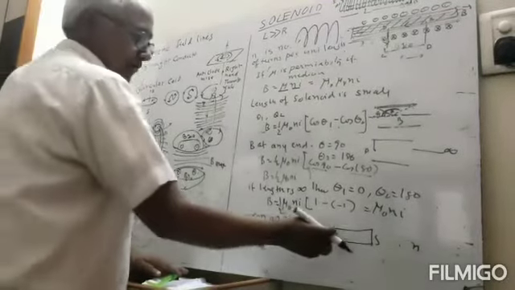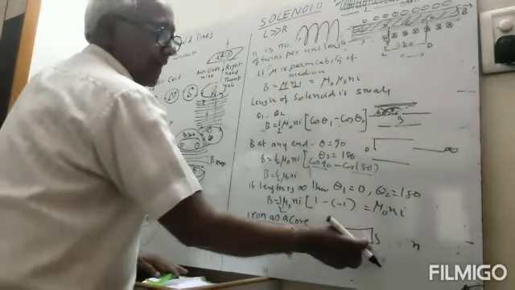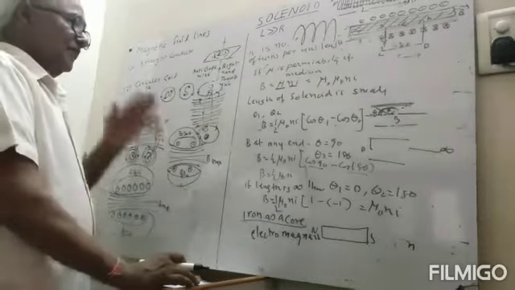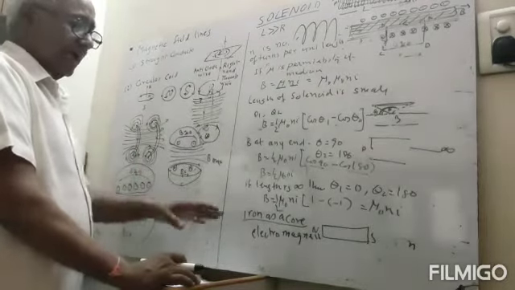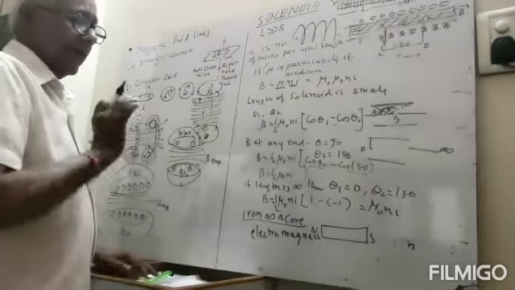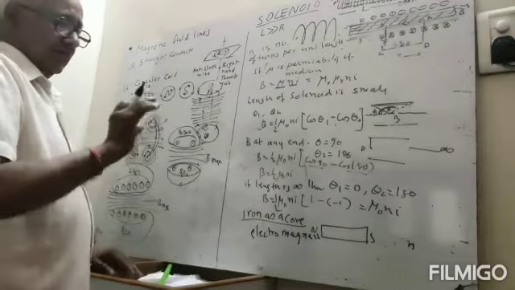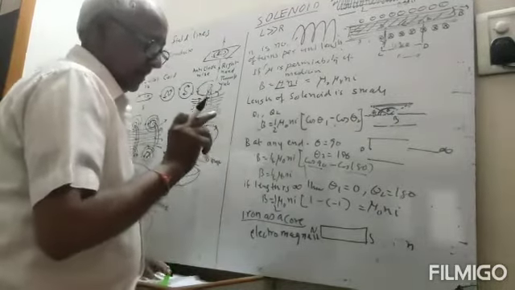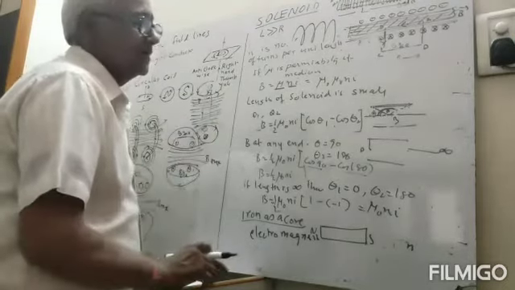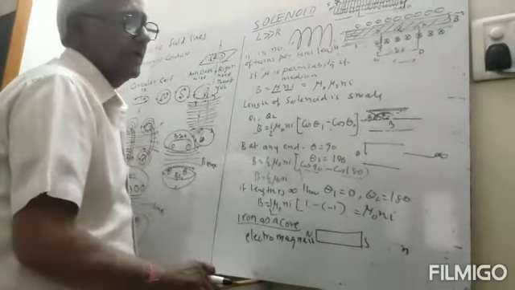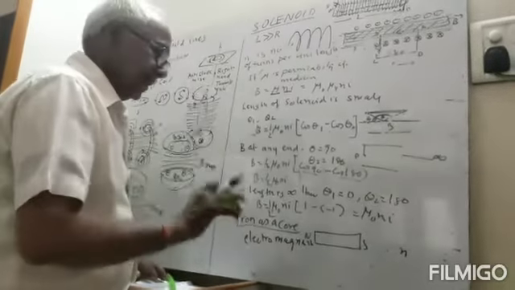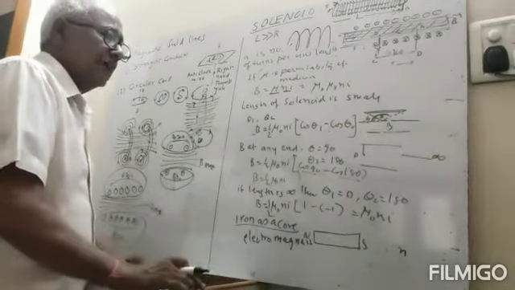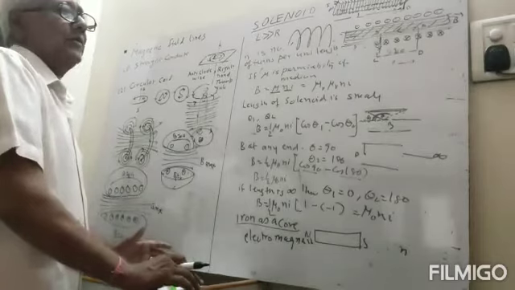Because if we pass the current, then it will work as a magnet. If we stop the current, then it will not behave like a magnet. So when we have an iron core inside the solenoid, the solenoid will behave like a magnet, and it is an electromagnet, because if we pass the current it will be a magnet, and if we stop the current it will be non-magnetic.